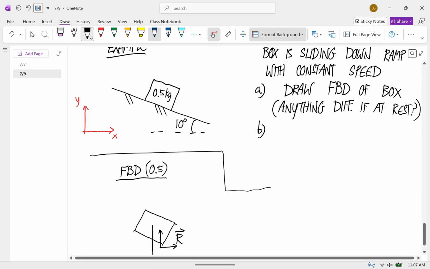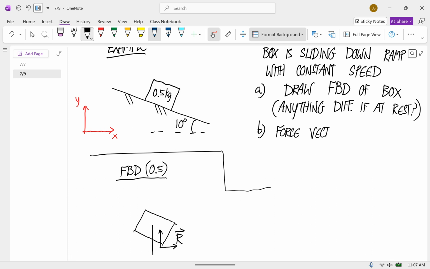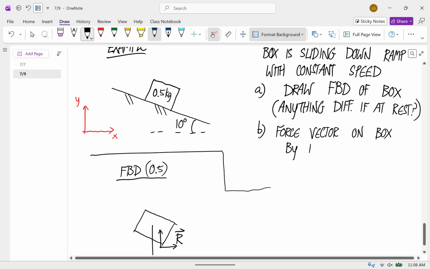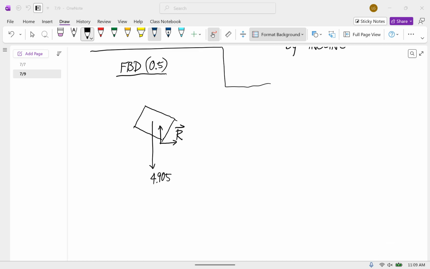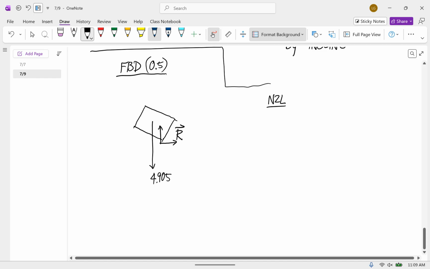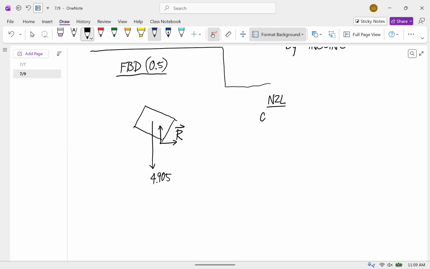All right, so this time let's calculate the force vector on the box by the incline. Okay, go ahead and quickly. So Newton's second law, we have to represent each of these drawn forces as components. We have the weight force of 0, negative 4.905.